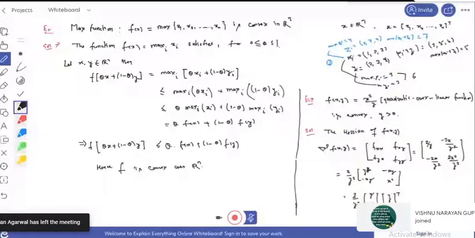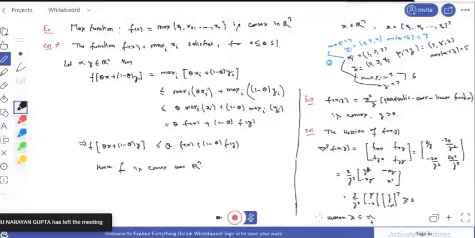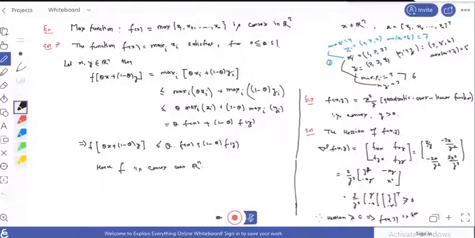Here y is greater than 0, that's why this term is always greater than or equal to 0. Therefore, you find the Hessian is greater than or equal to 0. So this implies the function f(x, y) is convex. Or you can observe that the determinant is 2x squared to the power of 4 minus plus 4x squared to the power of 4.